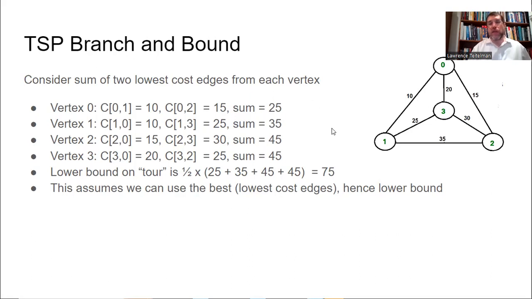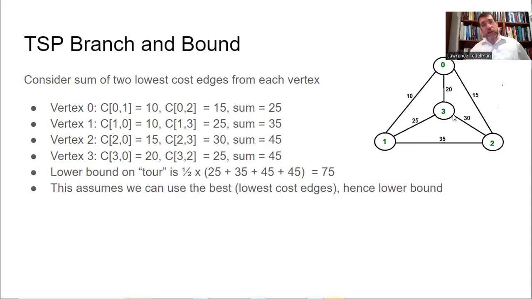For number 1, I have a cost of 10 and 25, total of 35. This 35 is not that 35. This 35 here is the sum of the 10 and the 25. From vertex 2, my lowest costs are 15 and 30. And from 3, my lowest costs are 20 and 30.